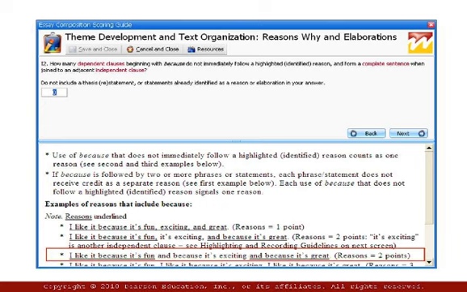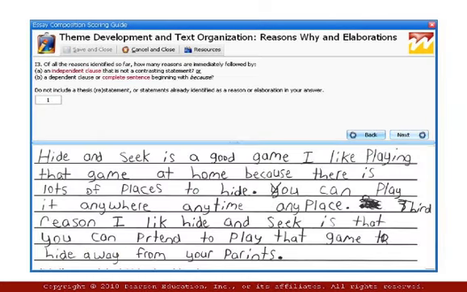We don't have to worry about that because there's only one dependent clause that begins with because, and that's the one that we're going to use to identify a reason. So the answer here is 0, and then it's going to ask you about elaborations. Okay. Of all the reasons you've identified so far, how many are immediately followed by an independent clause that is not a contrasting statement, or a dependent clause or complete sentence that begins with because? So look at your reasons.